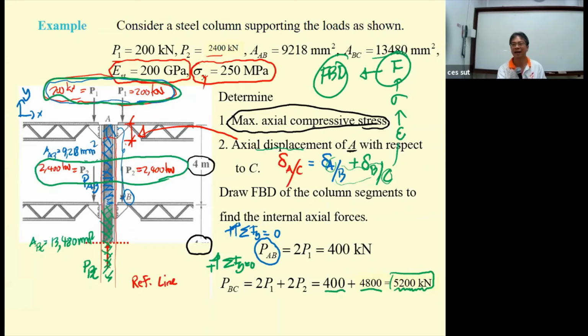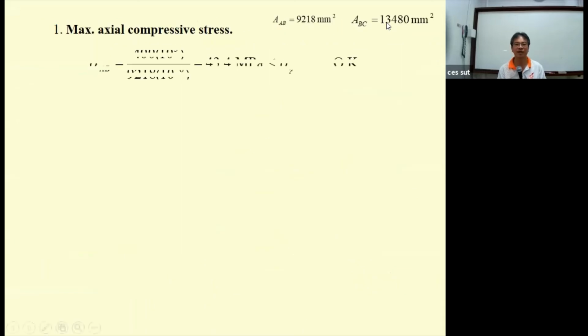Okay, now we have determined this. So next we find the stress. Just move to the next slide to determine the stress.